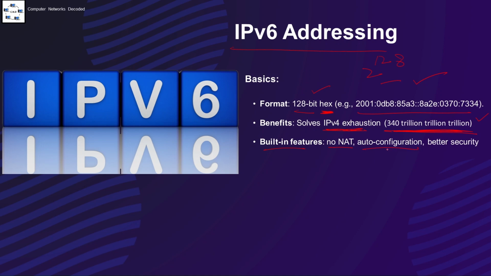It is also auto-configurable, so IP addresses are automatically assigned to the interfaces, and it has built-in security. Security features that we will study in the coming lectures, such as IPsec, that is IP security, are built into IPv6. And its prefix is like this. When you see this prefix, it means that this is for local networking or local communication.